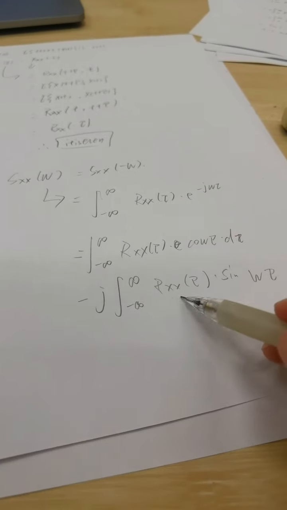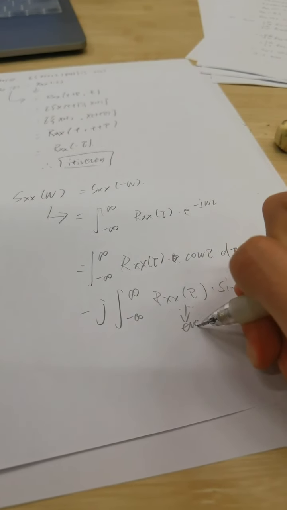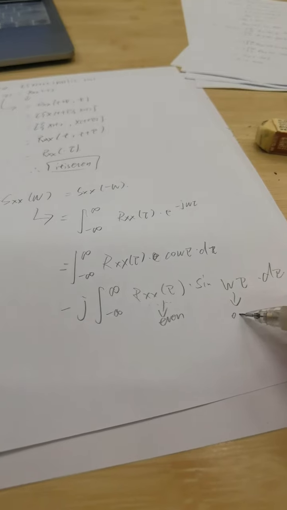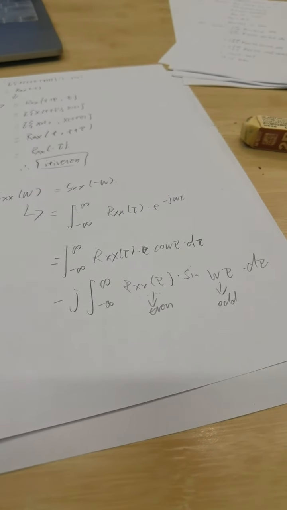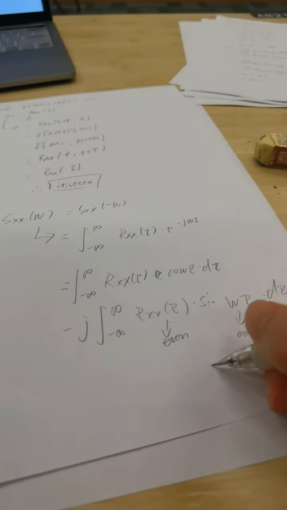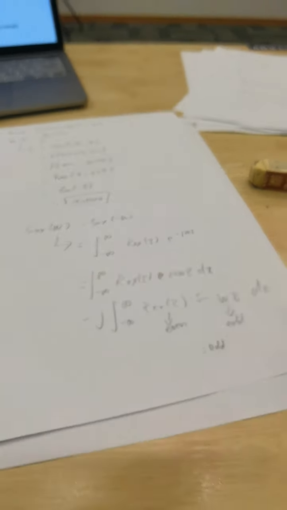As we know, Rxx is an even function and sine is an odd function, so multiplying even and odd together gives an odd function, so this part is odd.